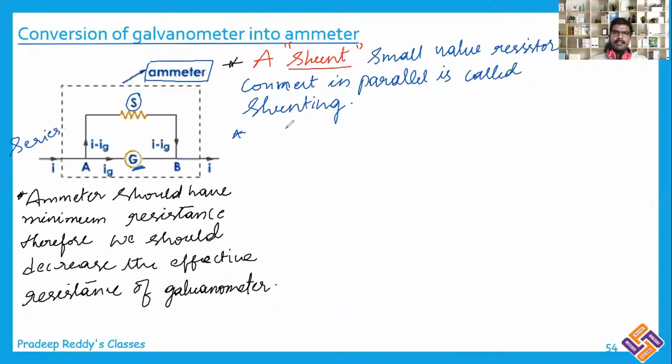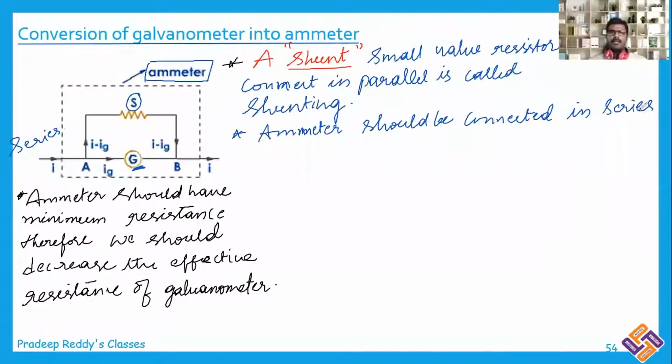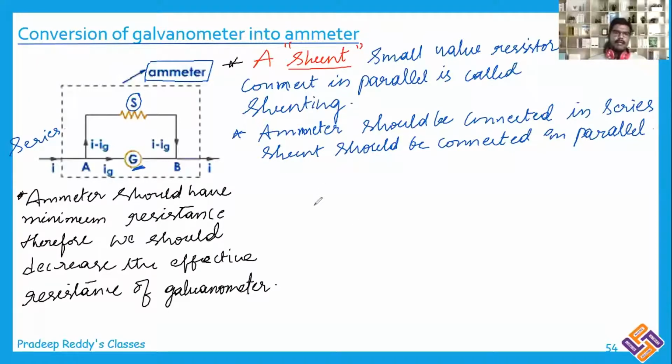Remember that the ammeter should be connected in series. The shunt resistor should be connected in parallel.